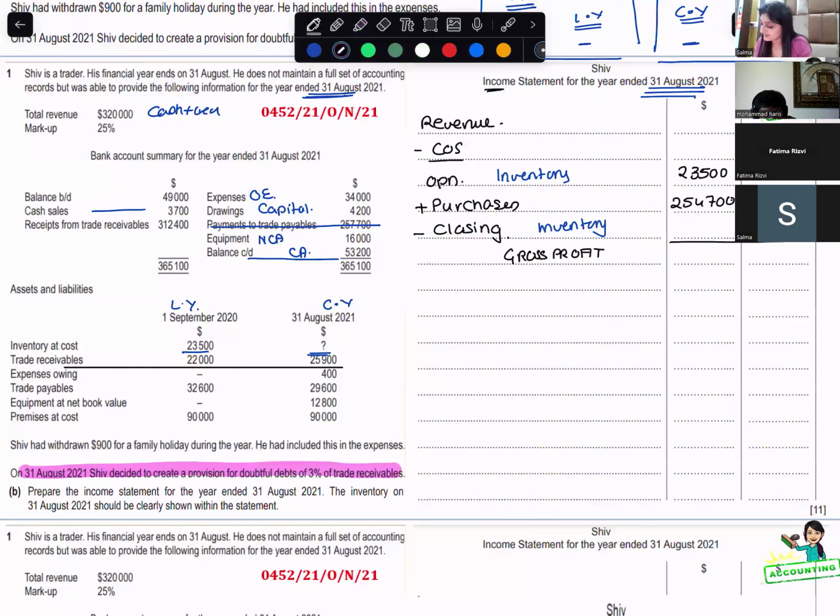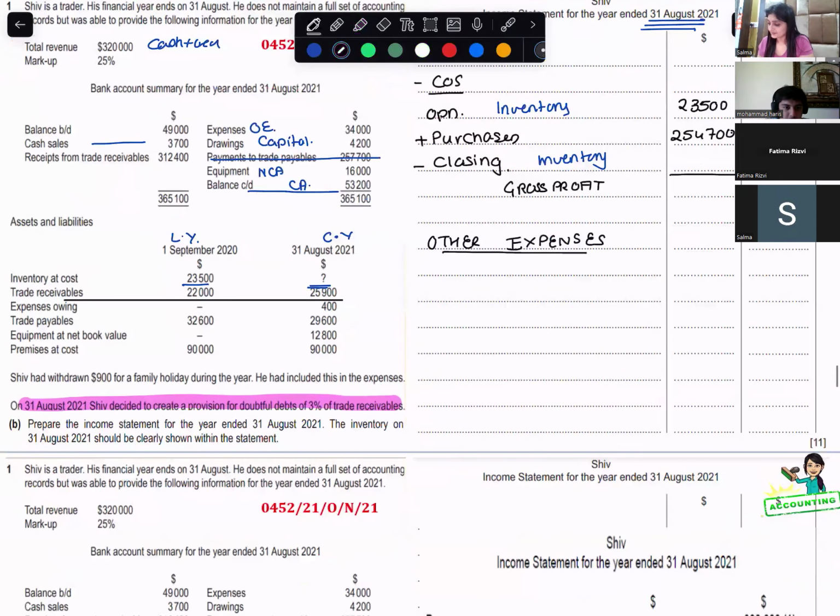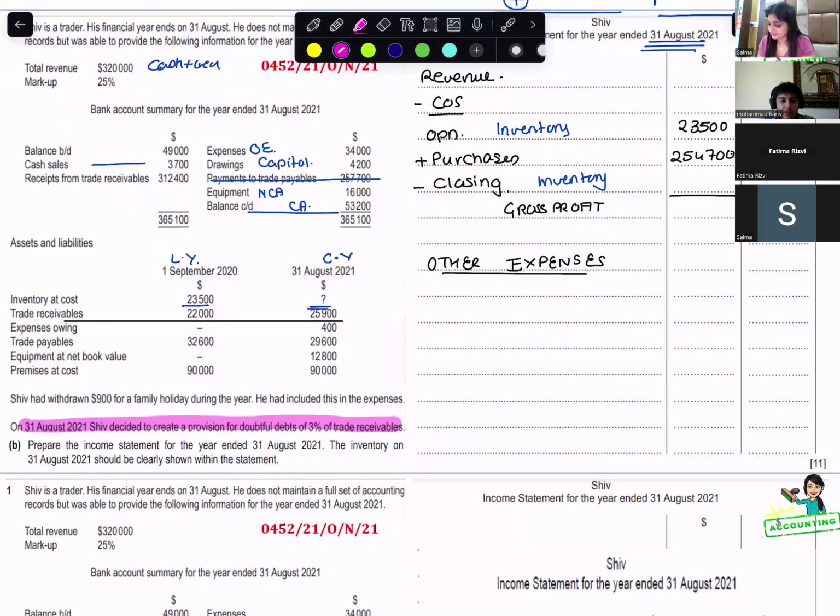It comes in other expenses or other income. It could be anything, right? What is the rule for provision? Anybody remembers? Haris, did you do it? We don't have any bad debts.